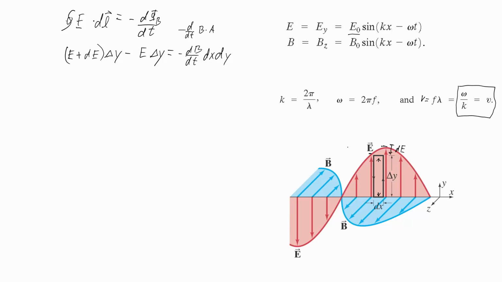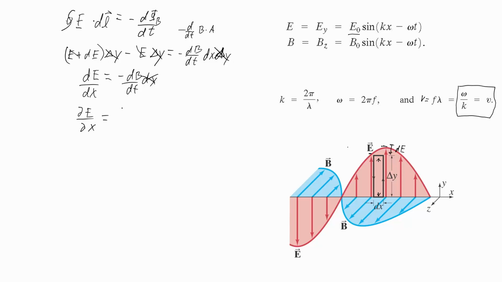I guess these should have been deltas, but there you go. So the delta y's go away, and then I've got an E minus E here, so that goes away, and I end up with dE equals negative dB dt times dx, and if I divide that dx to the other side, I get this. And since this wave is a function of space and time, these should technically be partial derivatives.